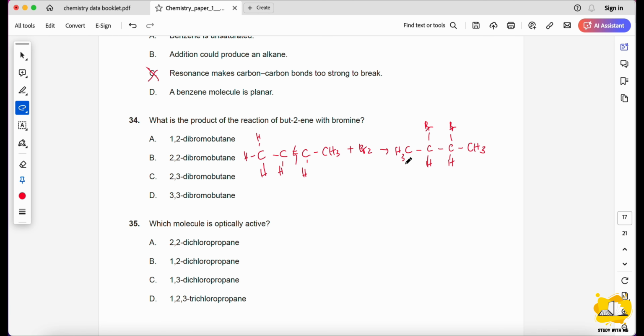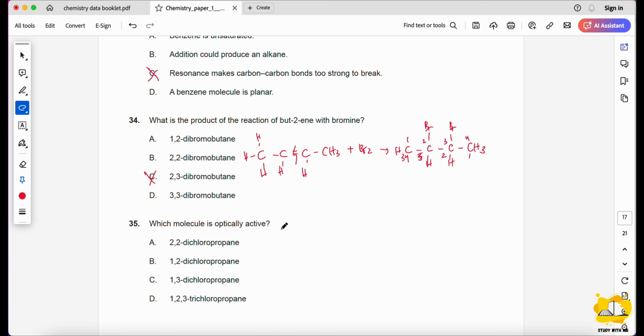So 1, 2, 3, 4. It doesn't matter if you start also 1, 2, 3, 4 because it's butene, so it's symmetrical. So it will be 2,3-dibromobutane.